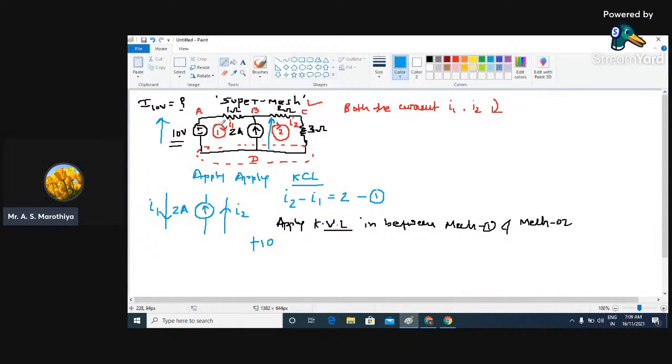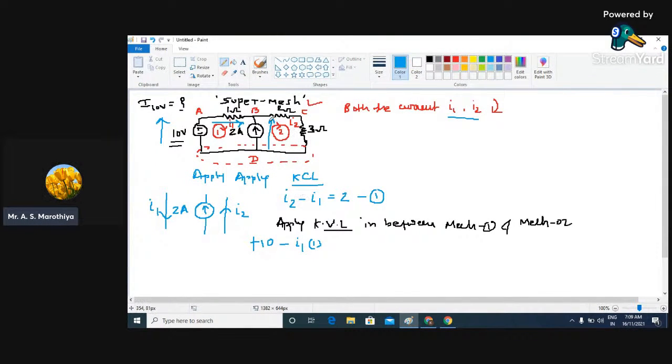Then when we are moving through this particular resistor in the direction of current, because I assumed that the currents flowing through mesh 1 and mesh 2 are I1 and I2, both in clockwise, whenever we are moving in the direction of current, we experience a voltage drop. So this is going to be minus I1 into 1, because 1 indicates the ohmic value of that resistor.